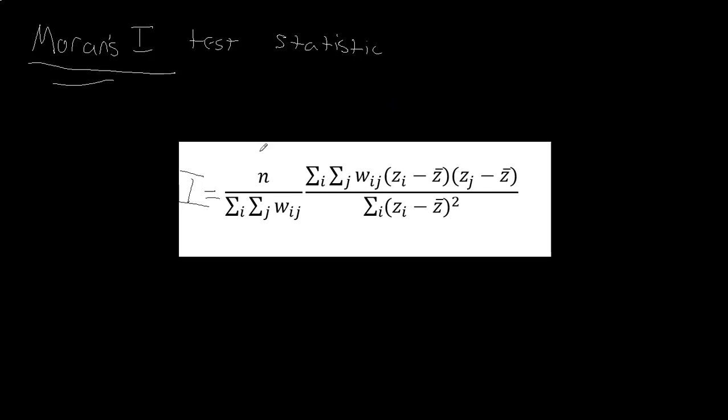So let's talk first about what we have here. This n right here is the number of observations, so this would be the number of polygons, for example.